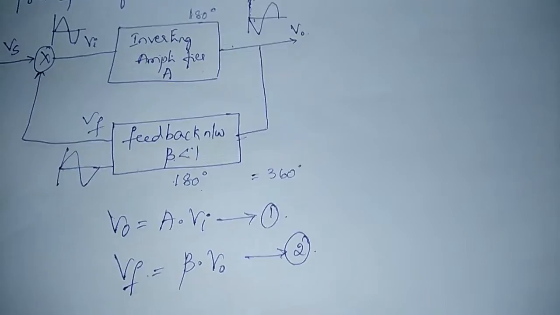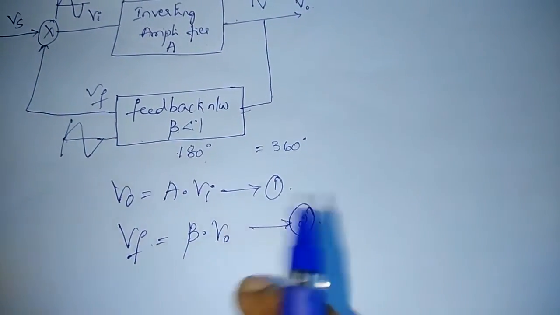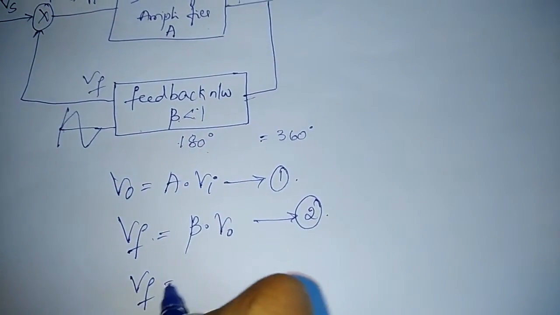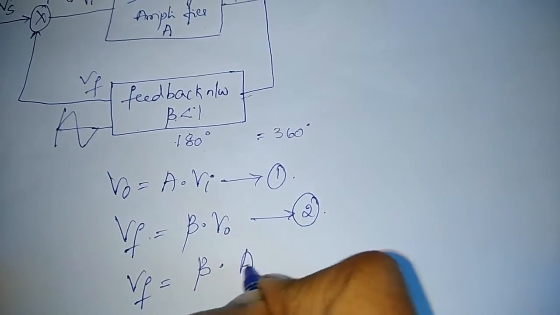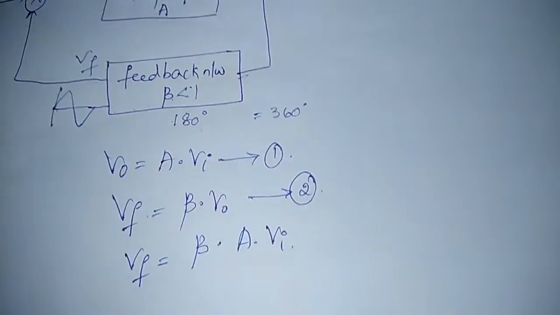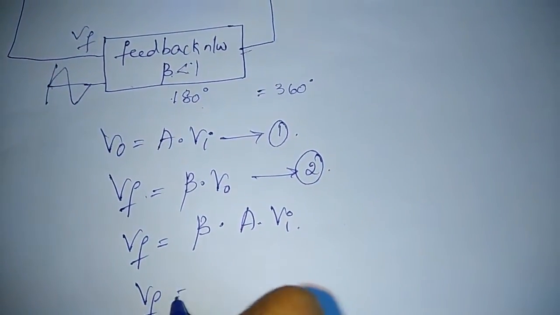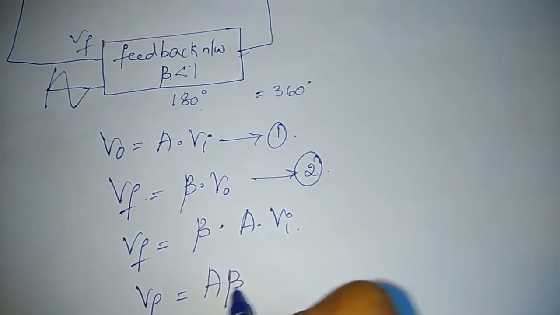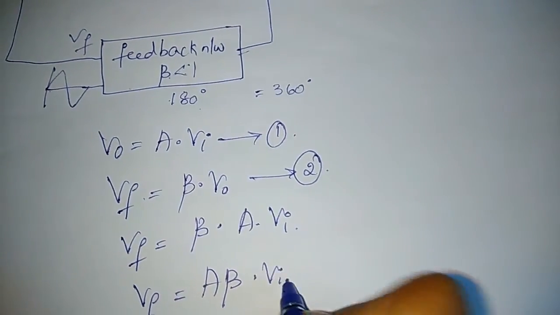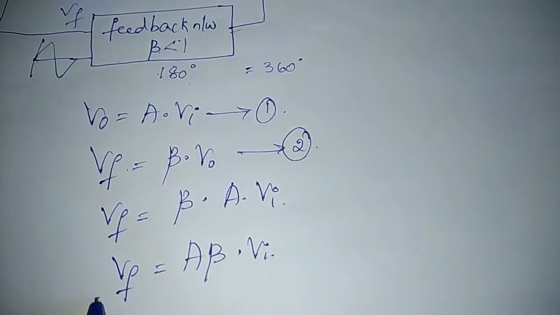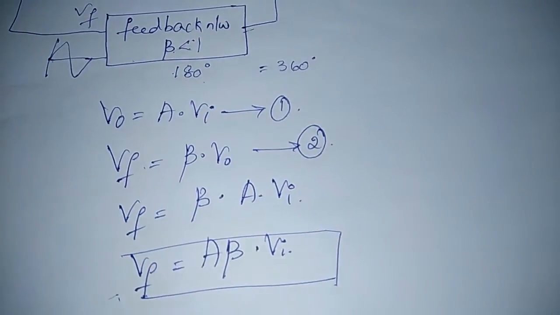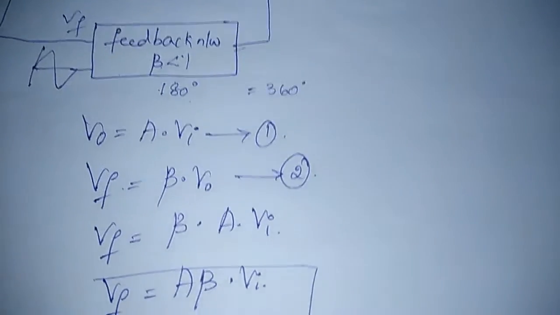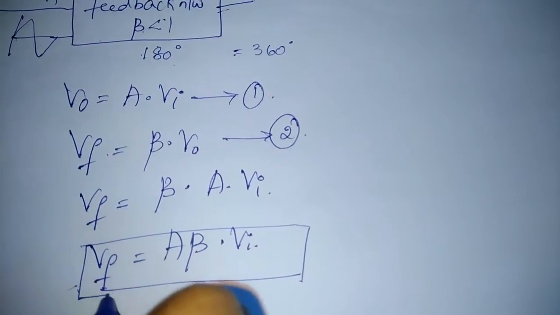Now substituting equation 1 in equation 2, Vf is equal to beta into V naught, which is A into Vi. Correct? So now Vf is equal to A beta into Vi. This is the equation we have got for the feedback signal.